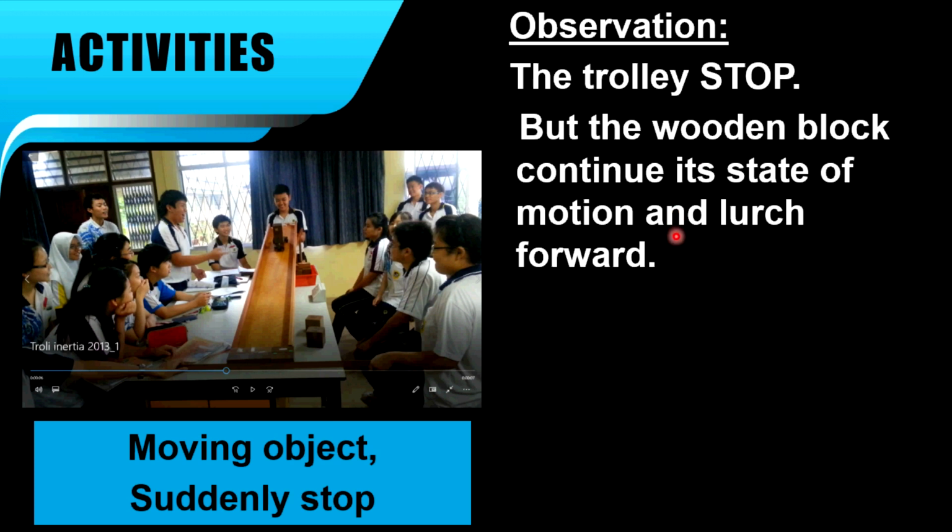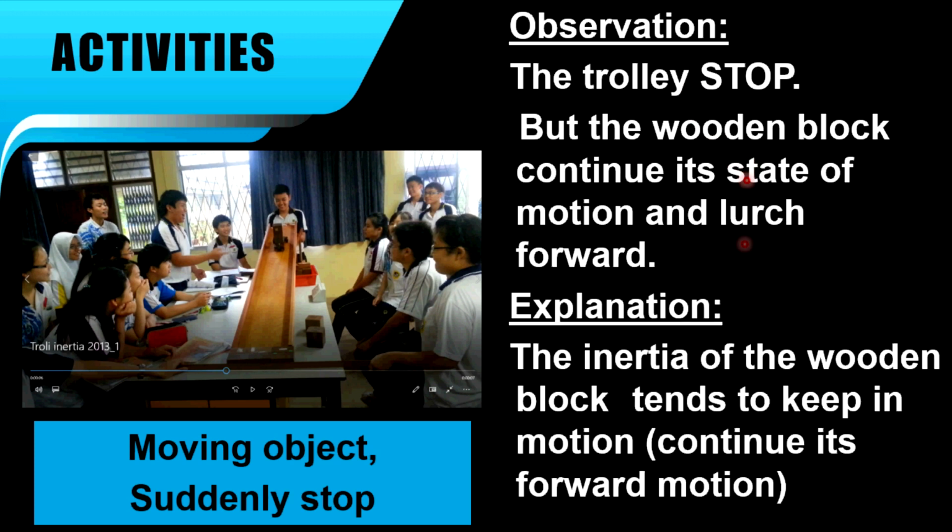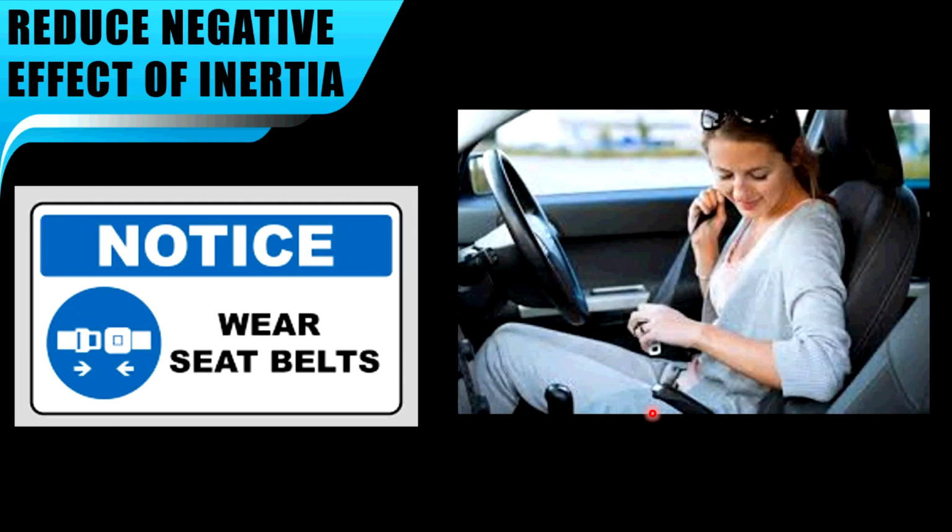How do we explain this? We need to look at the wooden block. Initially, the wooden block moved together with the trolley. When the trolley stops suddenly, the wooden block's inertia tends to keep its motion, meaning it continues its forward motion. That is the reason why the wooden block moves forward. That is actually the negative effect of inertia.